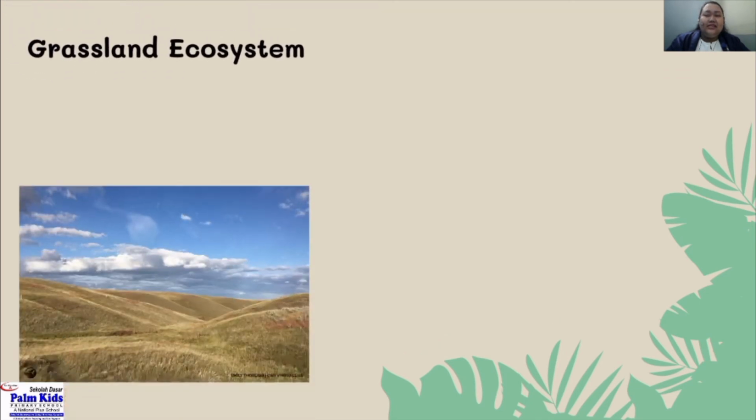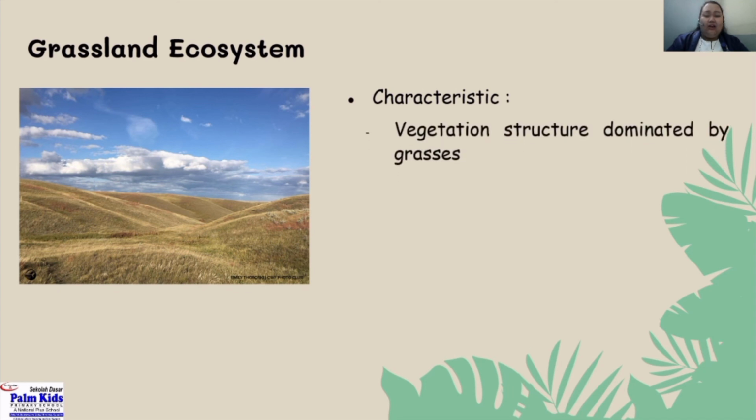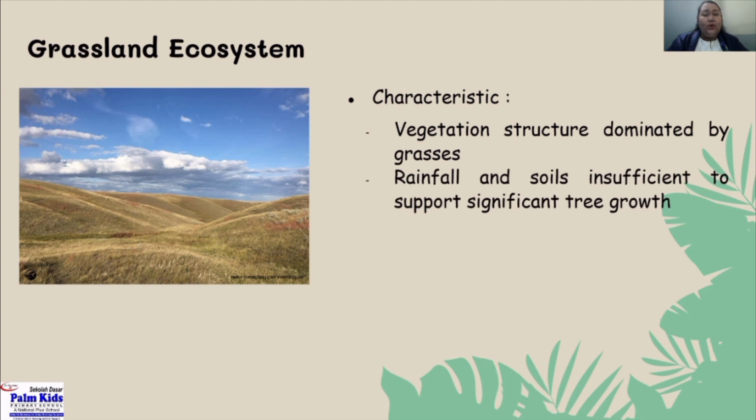Second ecosystem is grassland. Characteristics are vegetation structure dominated by grasses. So the plants in grassland are dominated by grasses. Okay, rainfall and soils are insufficient to support significant tree growth.